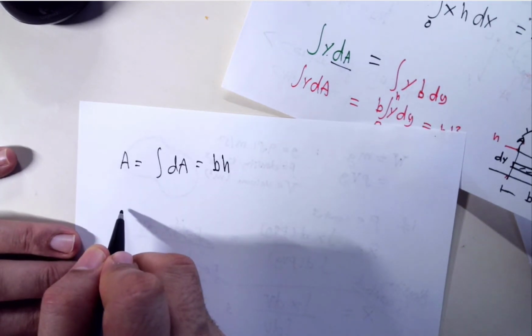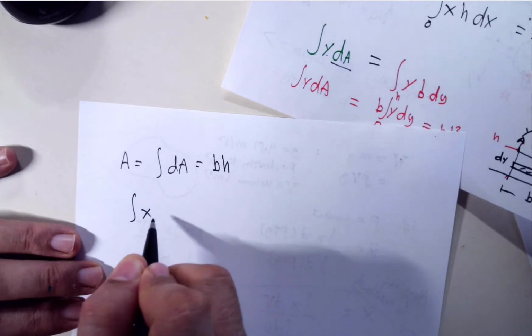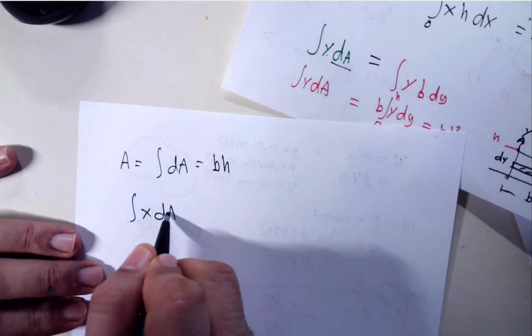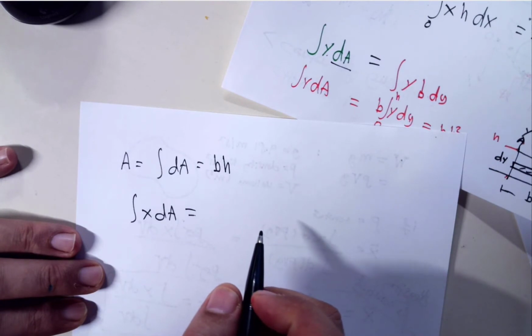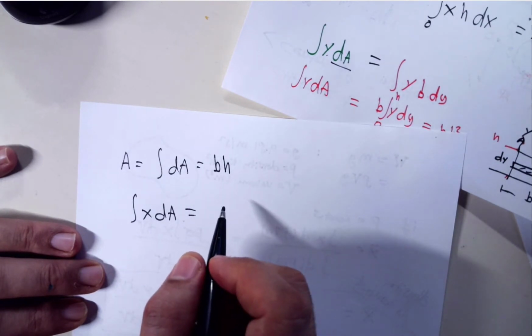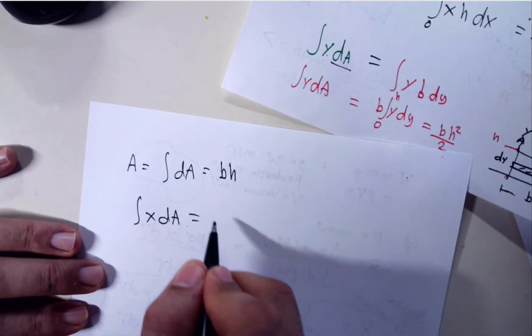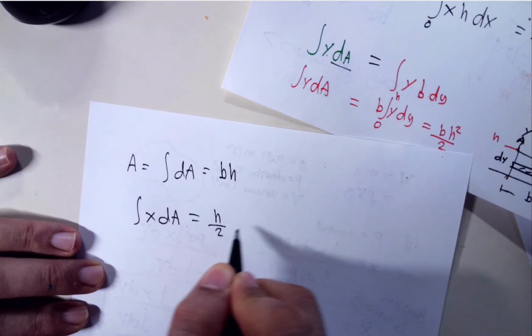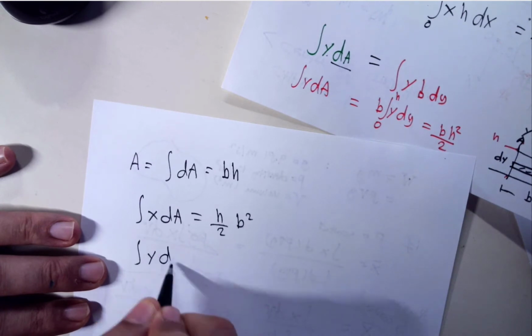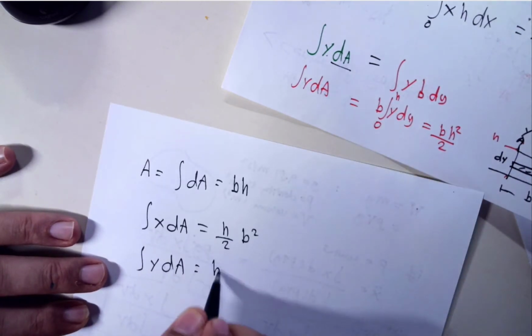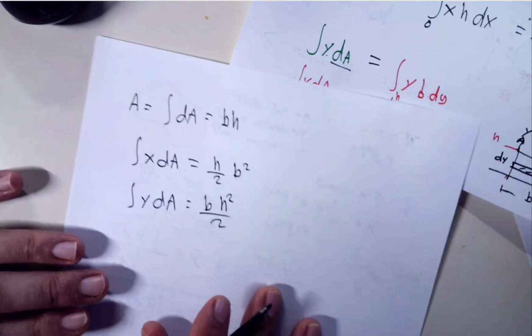I got this integration on hand, and that was equal to h over 2 b squared, and we found also this integration, which was b h squared over 2, right? So we're able to do that.